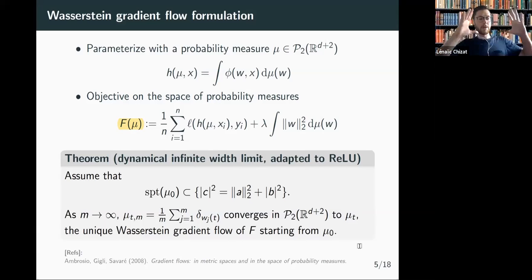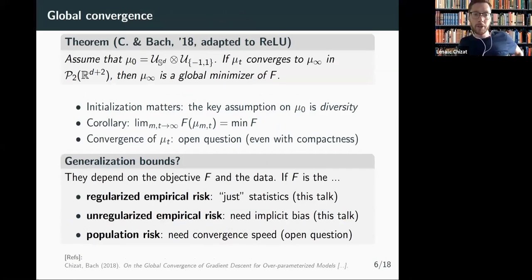We have training dynamics, and now we know that it can be well captured, at least when the neural network is large, by some idealized object, this Wasserstein gradient flow mu_t, which captures the behavior of our training dynamics. And now we will try to understand what can be said about this dynamics mu_t. The first result that I wanted to talk about is a global convergence result.